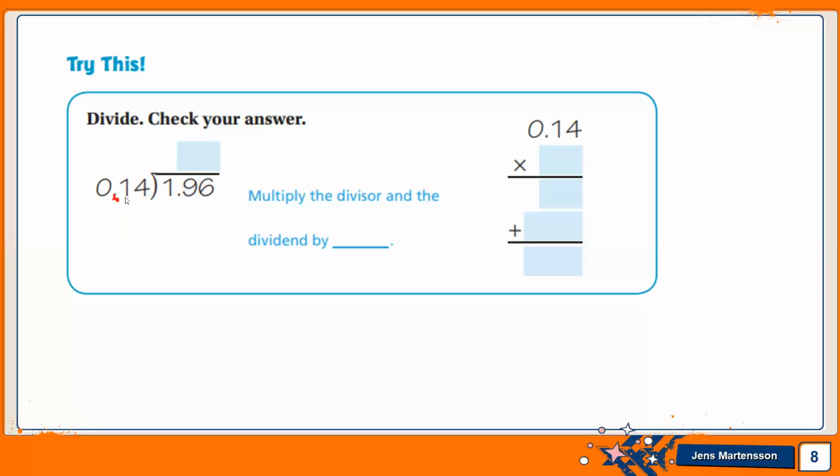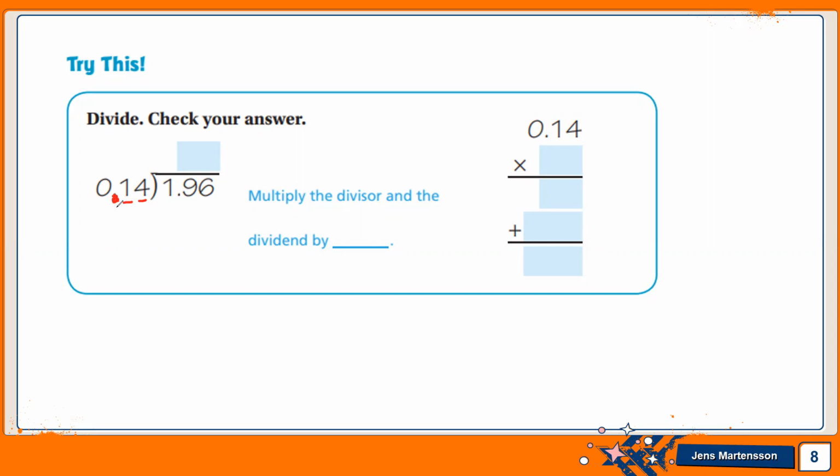After how many digits is the decimal point? From the right, how many digits? 1, 2. The decimal point is after 2 digits, 4 and 1. So how many digits you will move it? 2. Bravo.